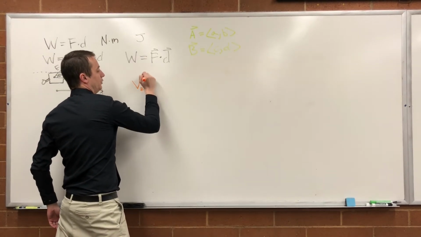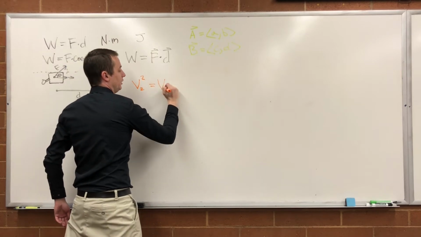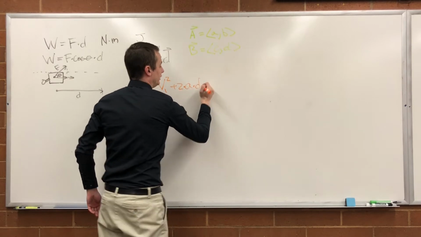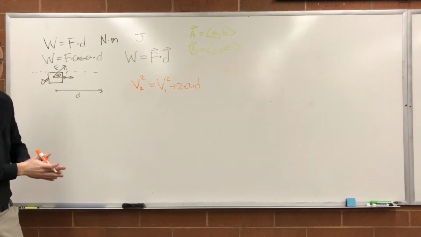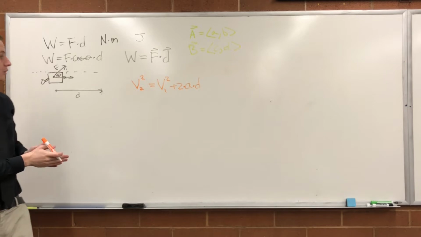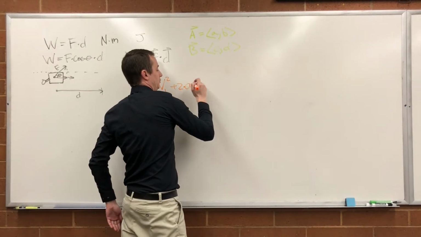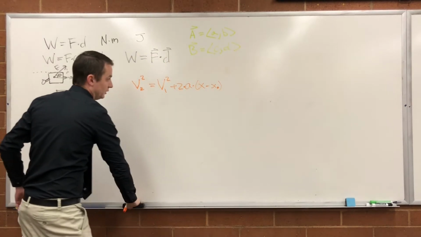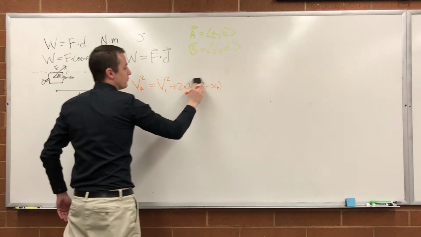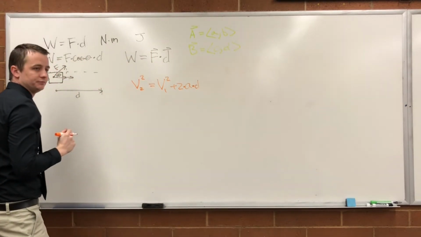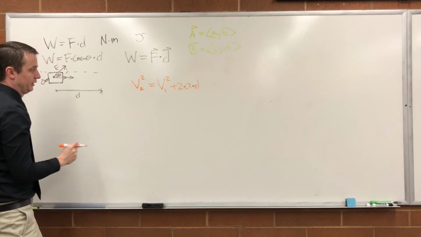I'm going to write v2 squared is equal to v1 squared plus 2 times a times the distance you go. Okay. You know that equation? Isn't there time? Not for this one. The way you've always seen it is times x minus x naught. That's why it's typically written. This is the one you use when you don't have time. Anyways, so I'm just going to put distance there. Same thing, right? Yeah. For the one-dimensional case.